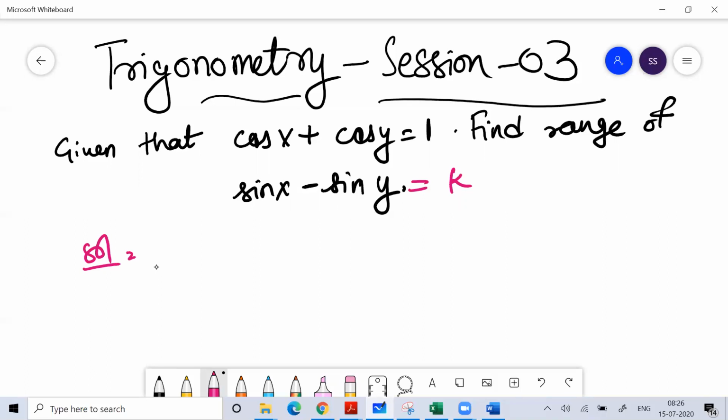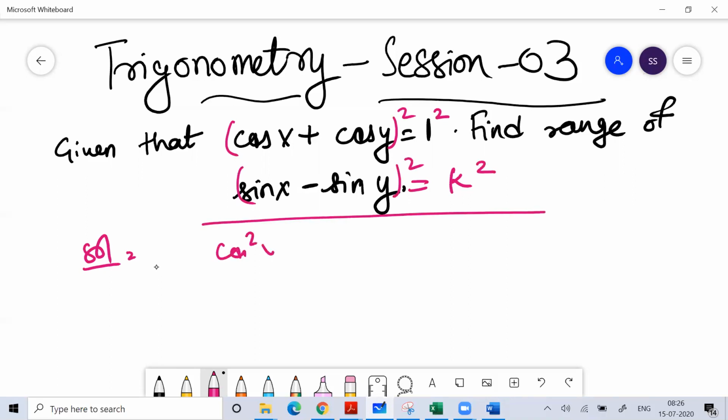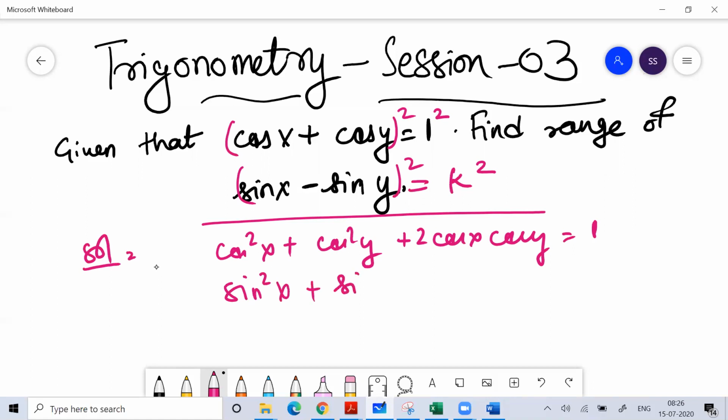So then if I do squaring both sides, I can say cos square x plus cos square y plus 2 cos x cos y is equal to 1, and this is sin square x plus sin square y minus 2 sin x sin y is equal to k square.